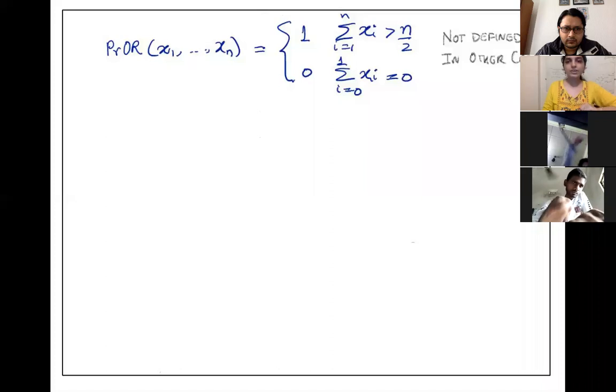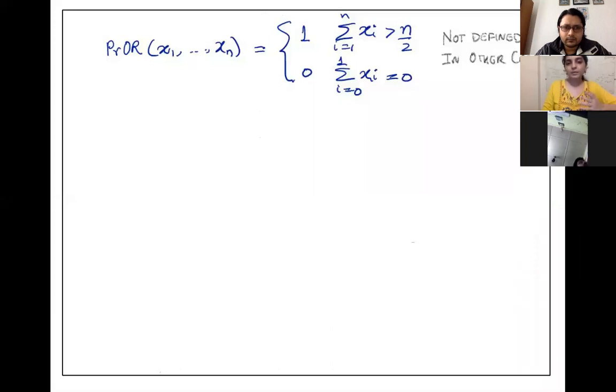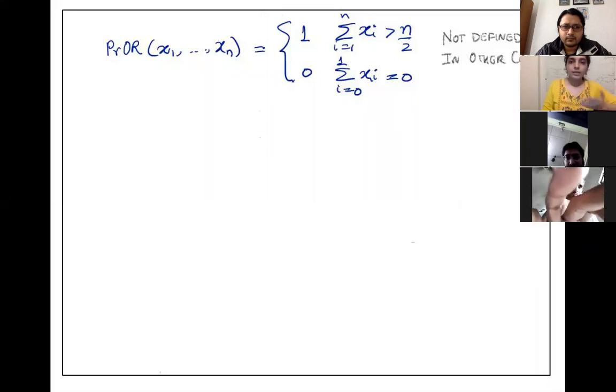This function is called promise function because it's not defined anywhere else. You get only two types of inputs. So you're promised that the input will come from these two types of inputs: either summation xi will add to n/2 or it will add to 0. So it's a promise input problem. And the task of the decider is to decide which among the two it is.